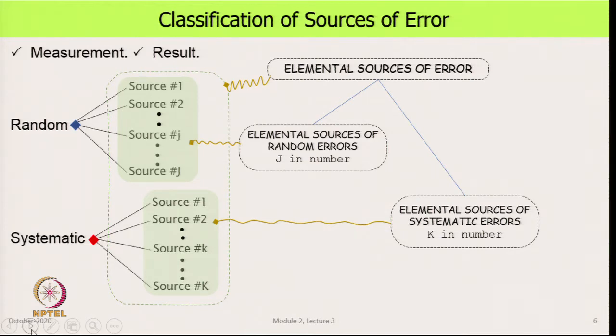After we do that for all of them, we will go back and compute the error in the measurement and then in the result. So, this classification here is equally good for any measurement in that experiment or in the result formula, and also for the result itself, which as we know comes from a mathematical operation on the measurements.